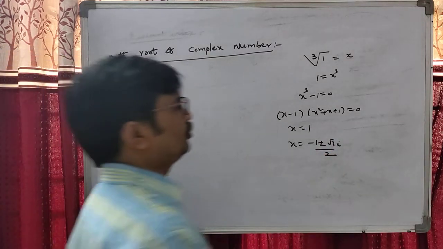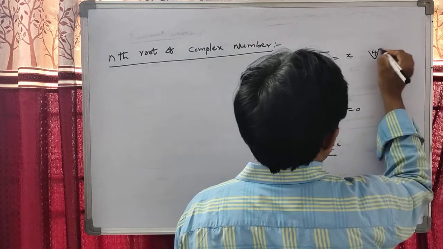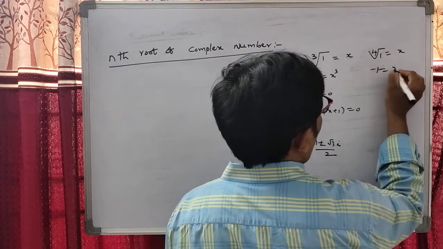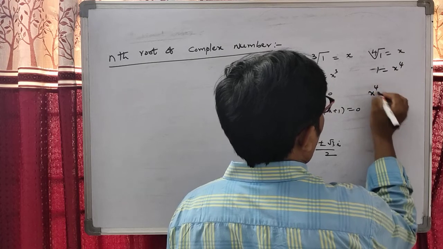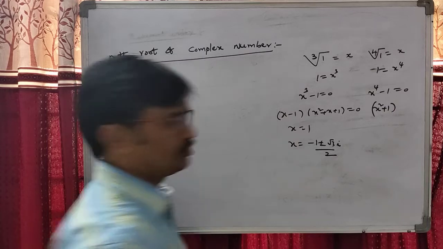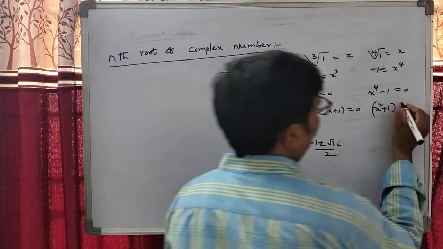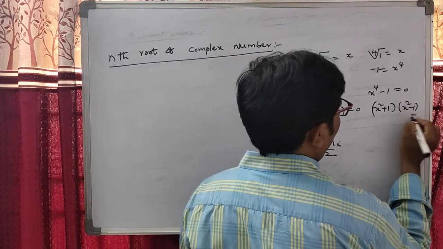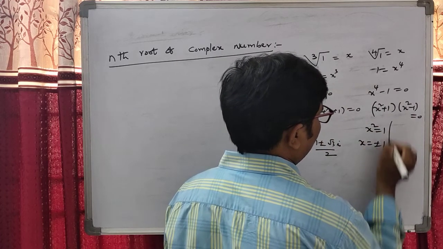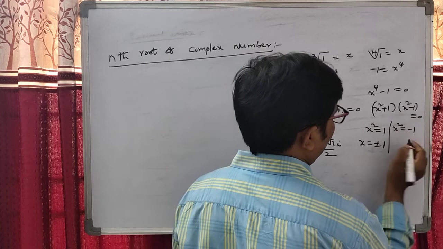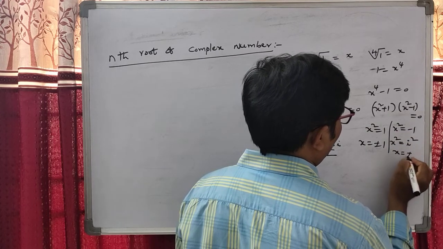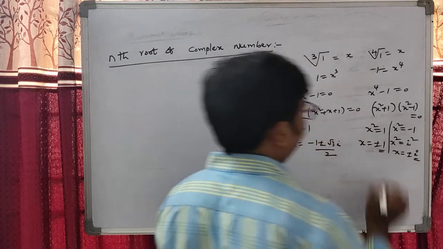Now students, fourth root of unity: x power 4 minus 1 equals 0, that is (x square plus 1)(x square minus 1) equals 0. x square equals 1, x equals plus or minus 1. x square equals minus 1, this is i square, x equals plus or minus i.